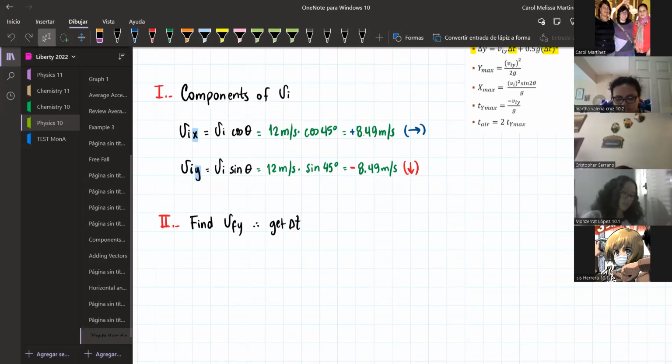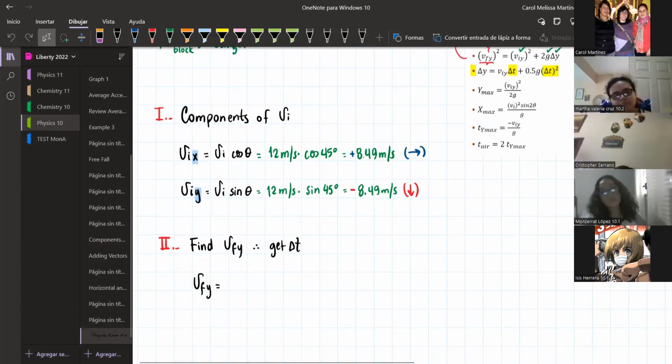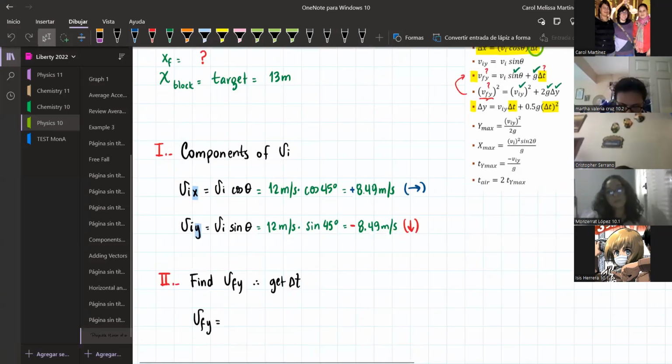So vf y, final velocity in y, is equal to, the one that I already gave you isolated, square root of initial velocity in y to the second power plus 2 times gravity times delta y.